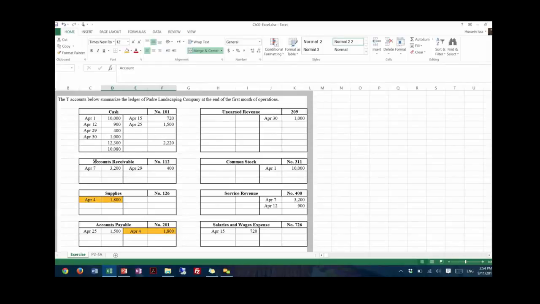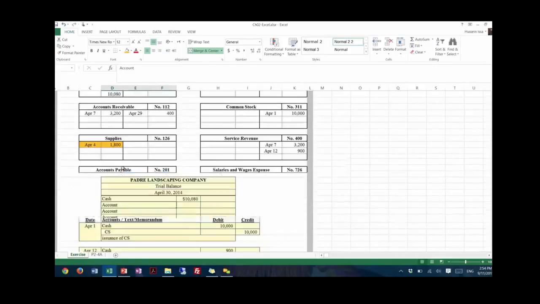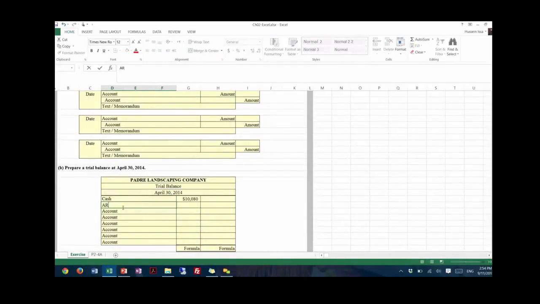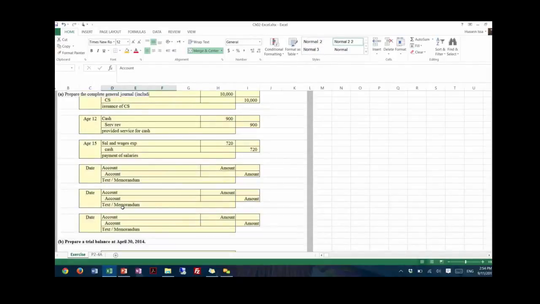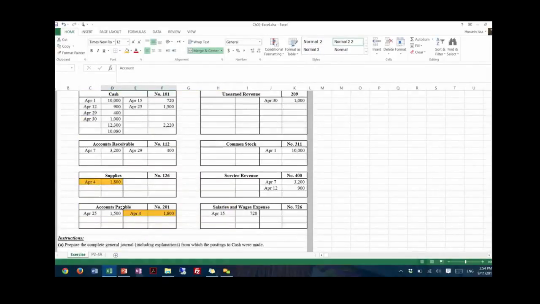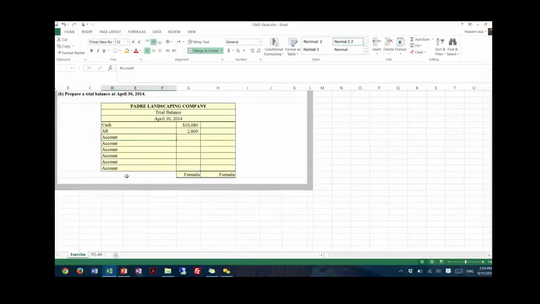Accounts receivable. The value is 2,800. Next is supplies, the balance is 1,800. So this is supplies, 1,800, etc. And then at the end you have total debits, total credits.